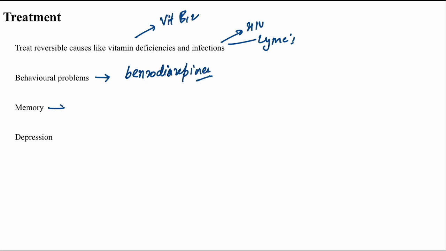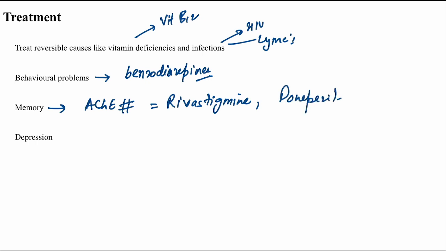If there is memory problem, you can give acetylcholinesterase inhibitors like rivastigmine, donepezil. If there is depression, you may give SSRI along with that. So these are the treatment options that we have in a case of dementia.